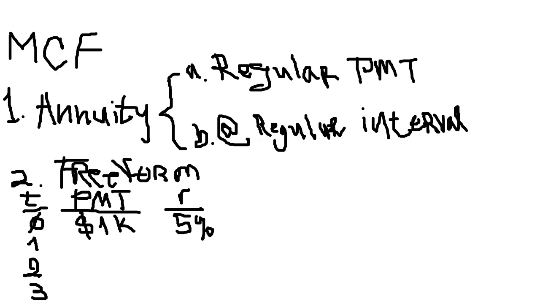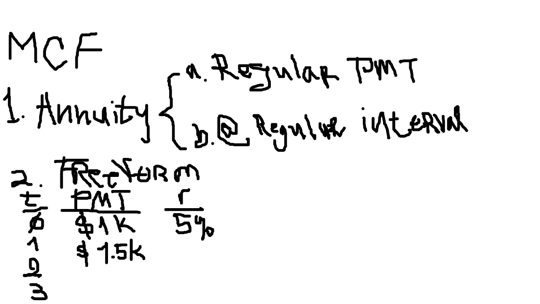And you made a deposit of 1.5K at the end of year 1, or the beginning of year 2.